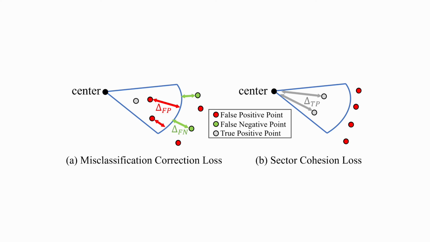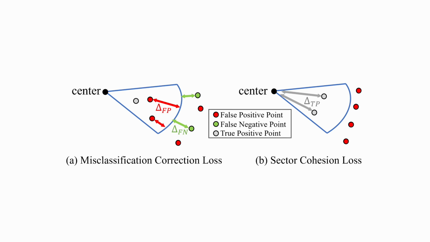Splitting the loss into two functions with the coarse-to-fine approach has a few benefits. For example, in existing works, all of the points are usually supervised with one focal loss or binary cross-entropy loss. However, as the learning progresses, the false positive or negative points typically become minor, leading to receiving less learning attention. The misclassification correction loss explicitly considers only these samples to guarantee certain learning attention for them.